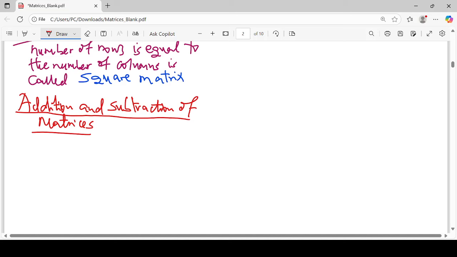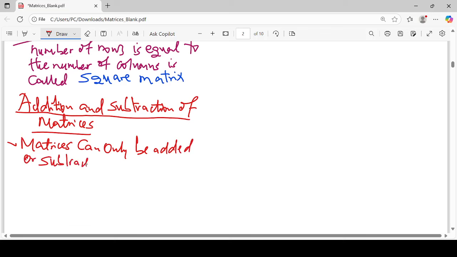So let's have that point down: matrices can only be added or subtracted if they are compatible.